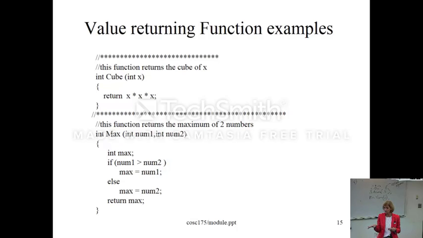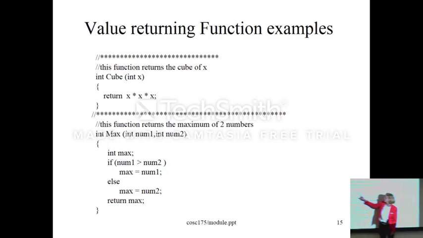Does that make sense? Okay, so the deal with value returning is they're usually short and sweet. Because I told you that most value returning functions are what? Mathematical. Most value returning functions are mathematical. Not all, but many. Okay? So, in the case of cube, this guy takes the value and returns what?